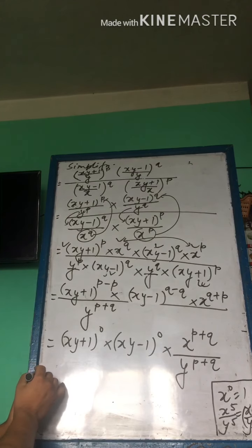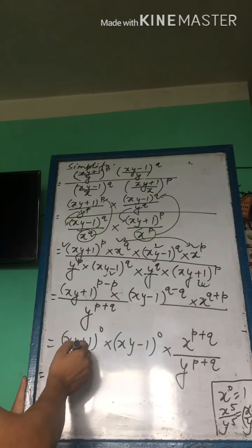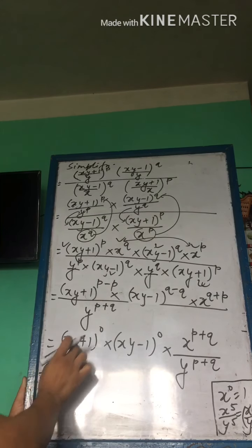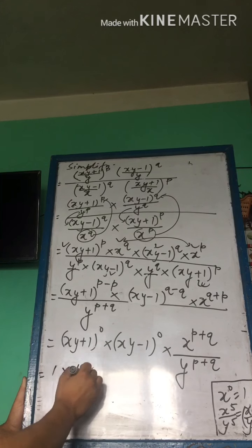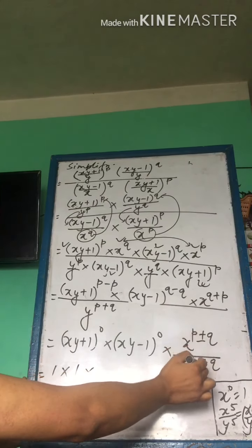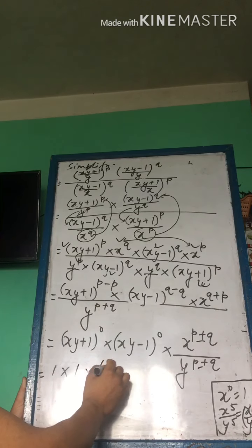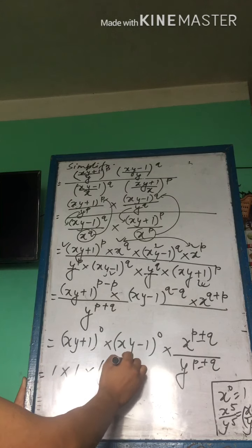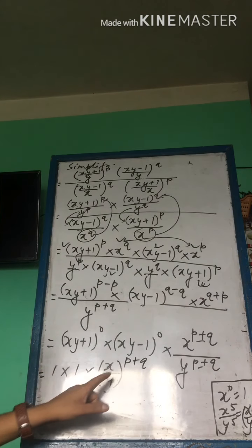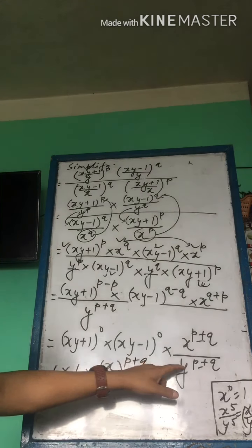Here also the same process I'll apply. Here this will be 1. If any quantity has a power 0, its value will be equal to 1. This will be 1 into, look here, they have the same power. It can be written as a whole power of this x upon y. It can be written as (x y) whole to the power p plus q. This means this power is for this also, this power is for this also.